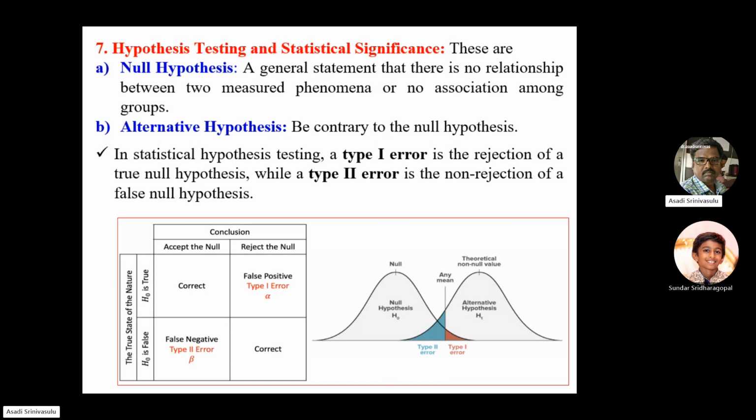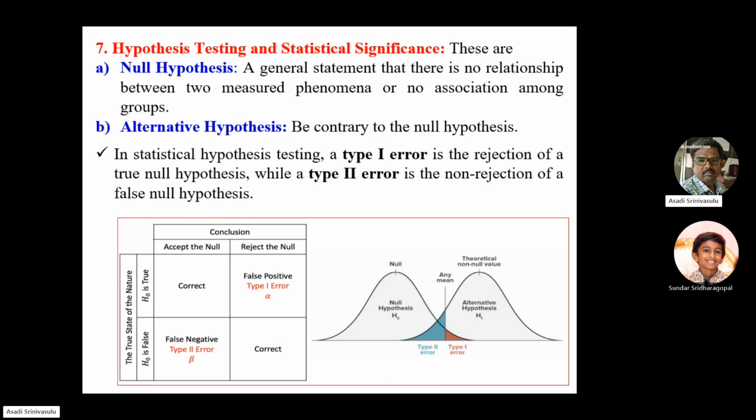A null hypothesis is nothing but a general statement that there is no relationship between two measured phenomena or no association among groups. That is called the null hypothesis. The alternative hypothesis is contrary to the null hypothesis.